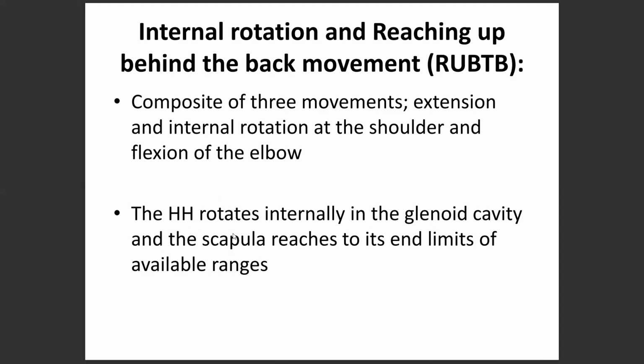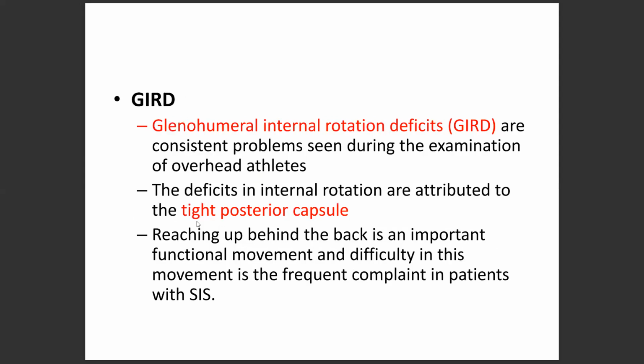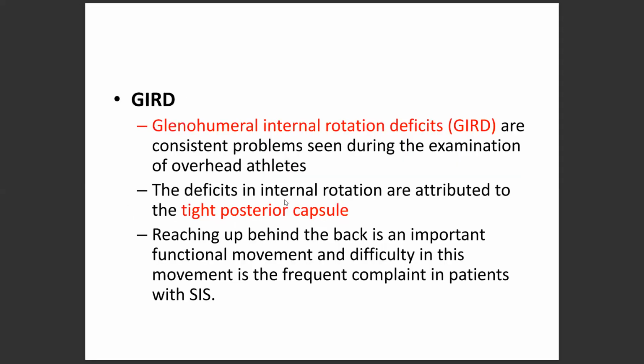The humeral head rotates internally in the glenoid cavity and the scapula reaches its end limit of the available ranges. Now this movement again requires the normal balance between all the muscles of the scapula, including those six muscles in which there were downward and upward rotators.